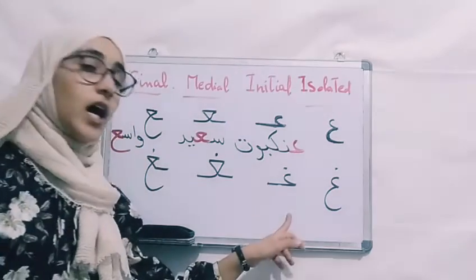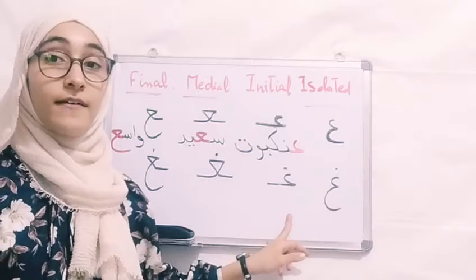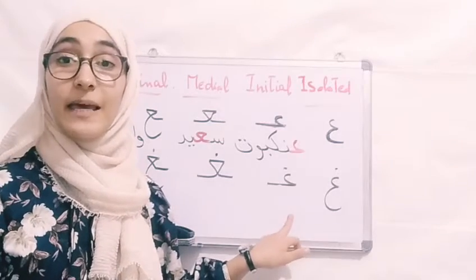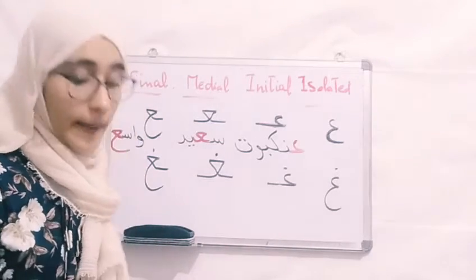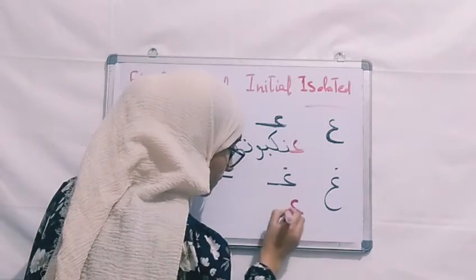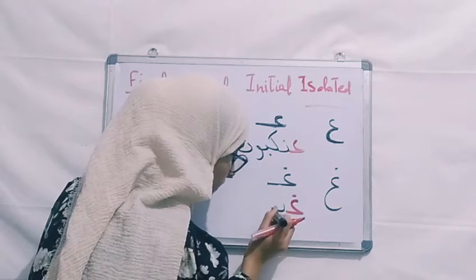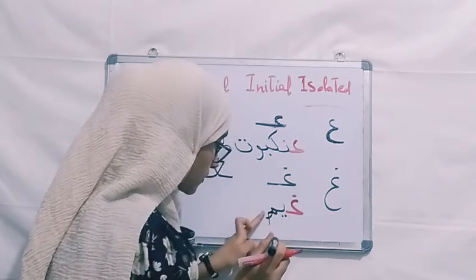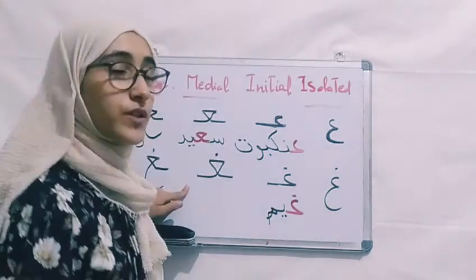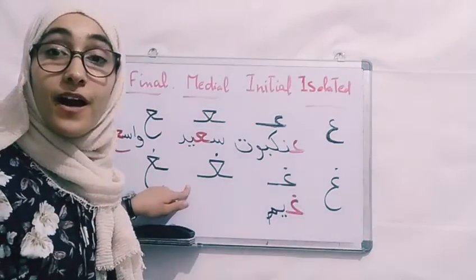And then we have ghaim. Ghaim means cloud. And in the middle form, for example, we have babagha.